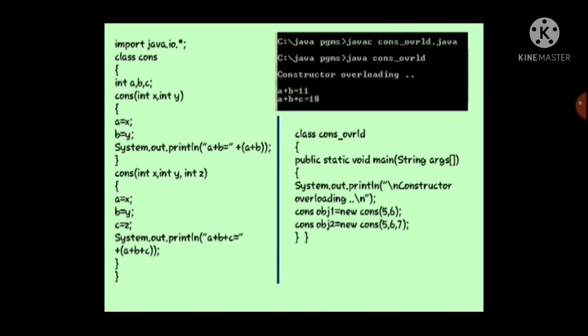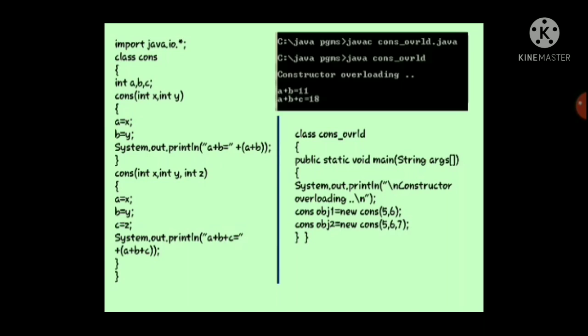See the second constructor, cons of x, y, z. x, y, z are assigned to a, b and c respectively, which are the class attributes. We add all and print the result of a, b, c added. Then we close the second constructor and the class. So that is the left side portion of the program.